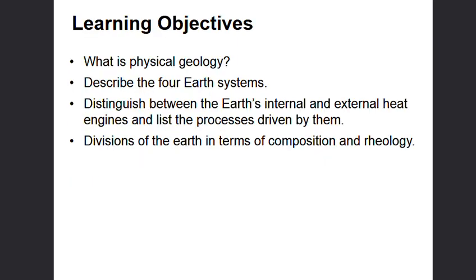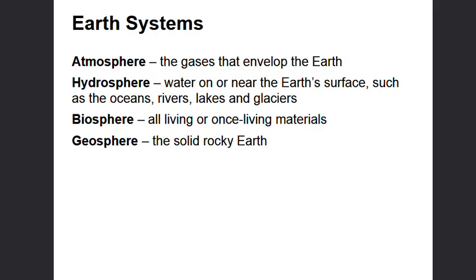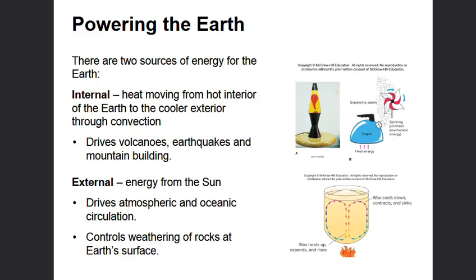Okay. So look at the title of this slide: Powering the Earth. You already know the earth is made up of four systems, which you mentioned. And these systems are driven by two sources, both the internal heat engine and the external heat engine. Is someone learning something today? Yes. Are we on the same page? Yes. Alright. Can I move on? Yes. Okay.